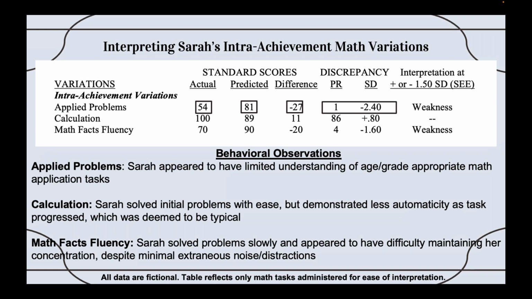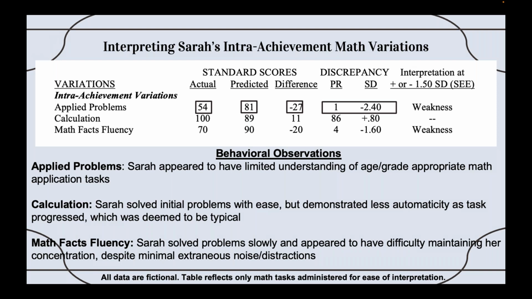You'll see to the right that we have the discrepancy standard deviation, that's negative 2.40. And you can think of that as a critical value. So again, if you think back to your training, those critical values serve as a reference point, indicating whether or not that difference score occurred by chance or if it didn't occur by chance. Difference scores that meet or exceed the critical value are unlikely to have occurred by chance.